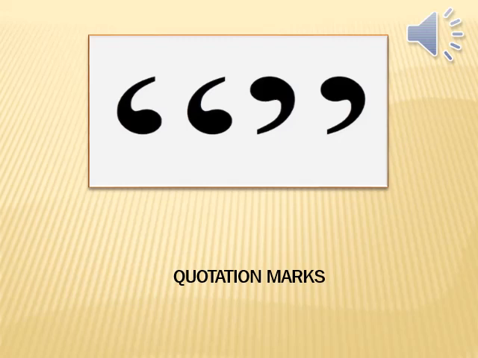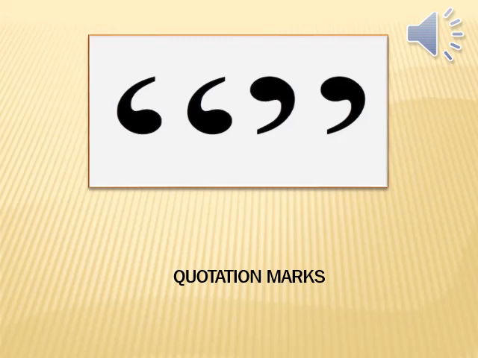So anything which is written between these two quotation marks are exactly the same words which the speaker or the character in a story is saying. This means that it is coming directly from the mouth of the speaker. Right now, when I'm speaking to you, am I speaking to you directly or indirectly? Exactly.